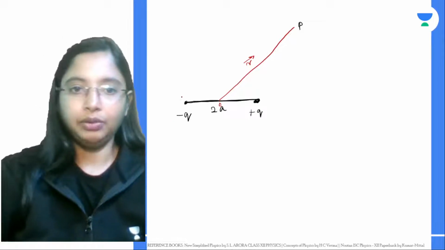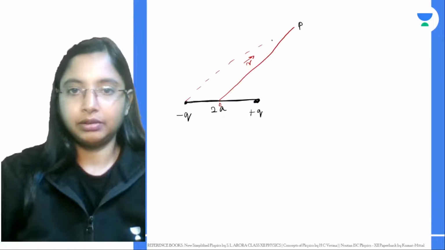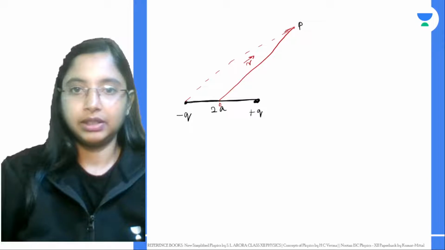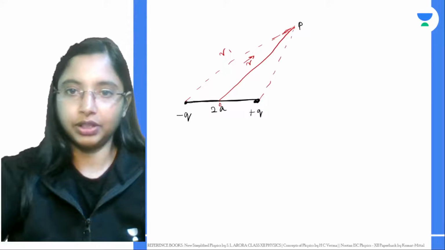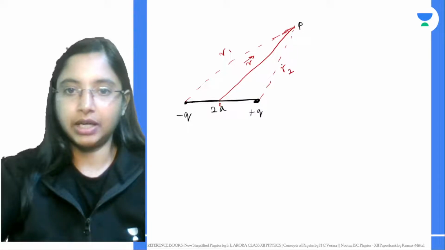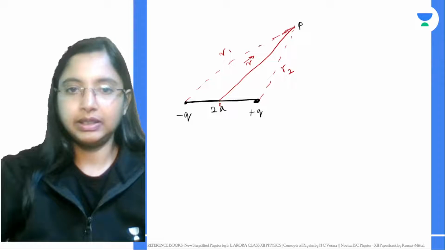From this end to here, the distance will be R1, and from this point to here, the distance will be R2, because this is a little bit more than this.